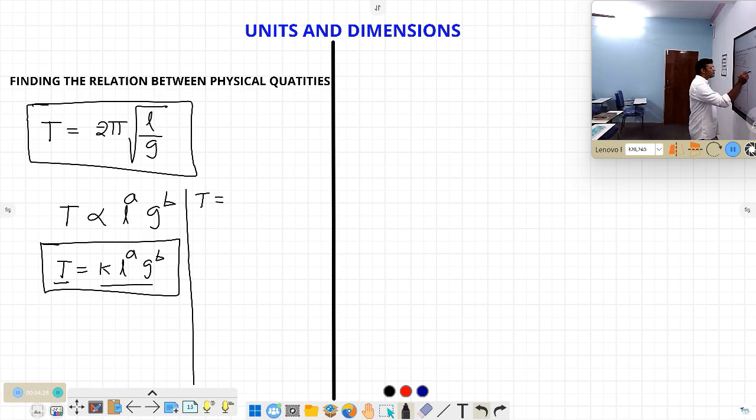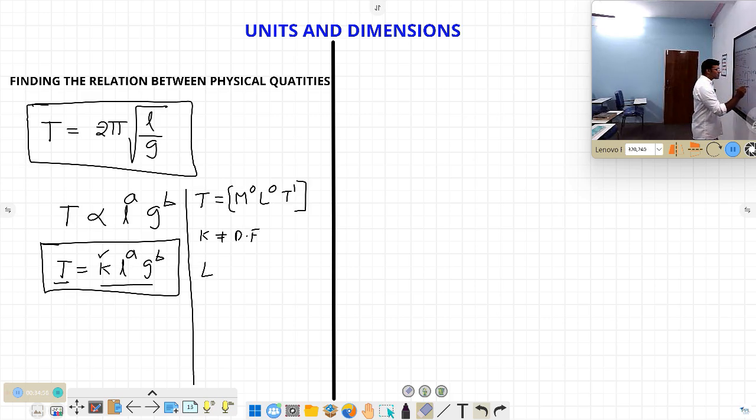The time period dimension formula is m0 L0 T. This is the dimension formula for time period T. Next, what is K? K is a constant, not having any dimension formula. There is no dimension for that one, no need to take 0 here. It is a constant, just a number.